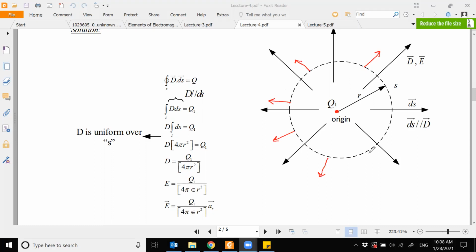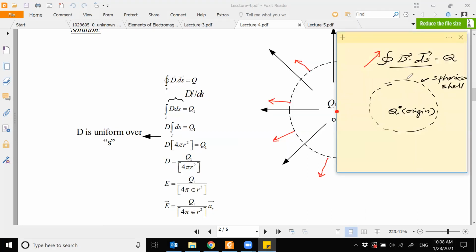So you have your soccer ball, and the unit normal is coming from here, from here, and from here. So this is the unit normal.